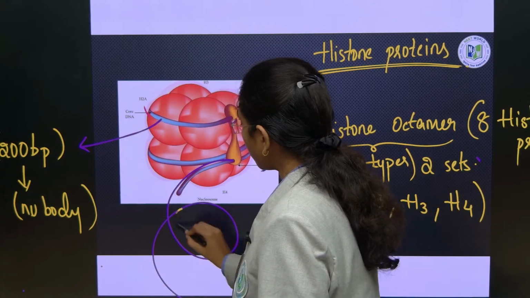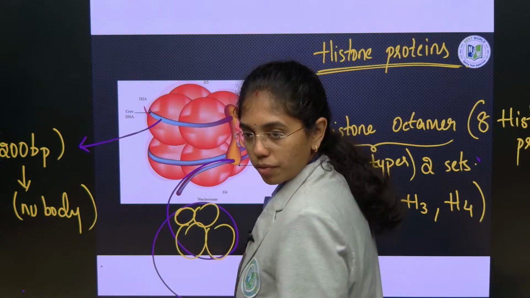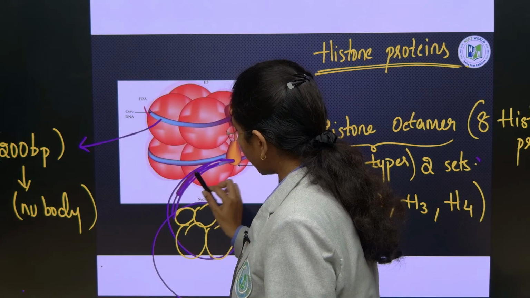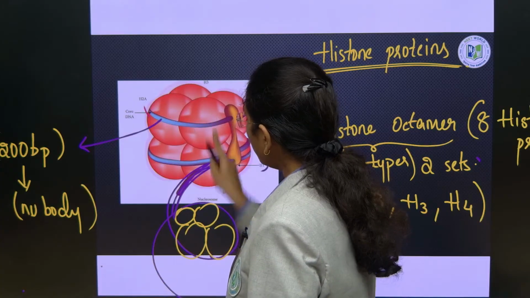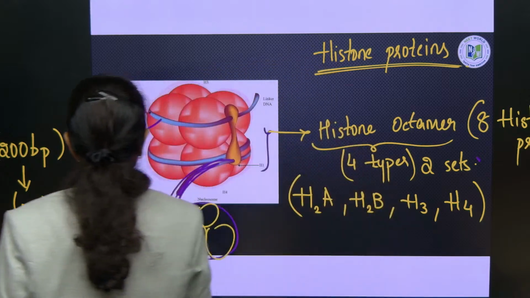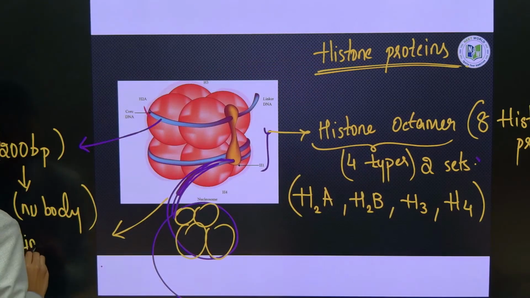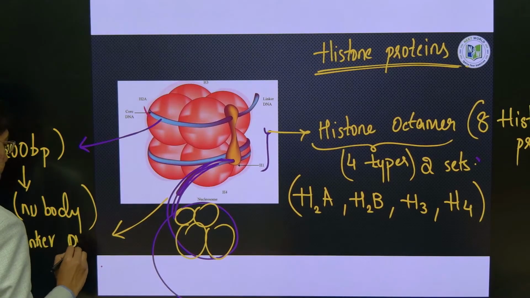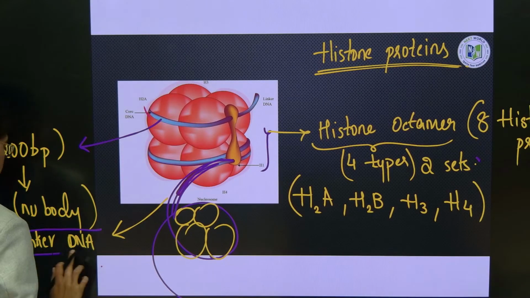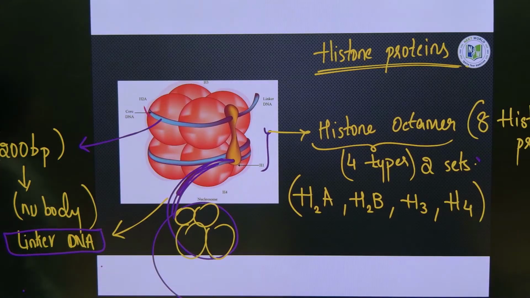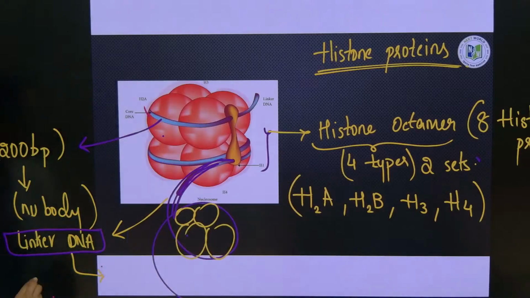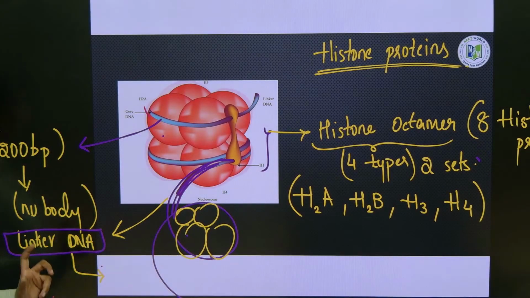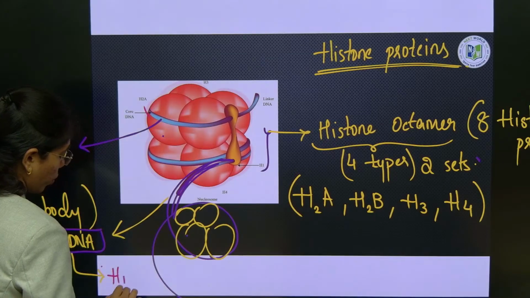It forms another histone octamer. This connecting DNA is addressed as linker DNA. Linker DNA lies between two histone octamers and is held by H1 histone proteins.